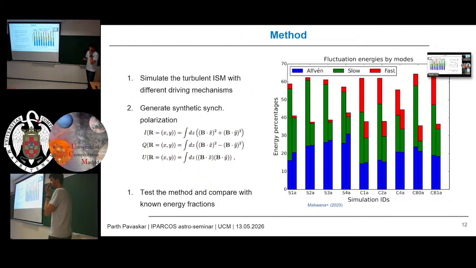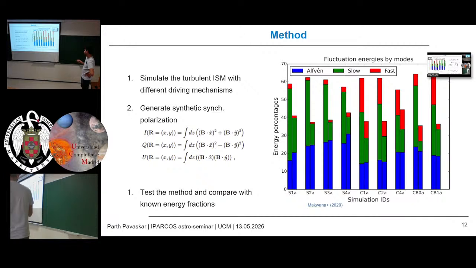So the natural next step is to make some simulations with plasma turbulence. Then we control the simulation, so we can drive it in a way that controls the mode fraction. Here I want to show you this plot from Makwana 2020, where they showed how different driving changes the energy mode fraction in the simulation.